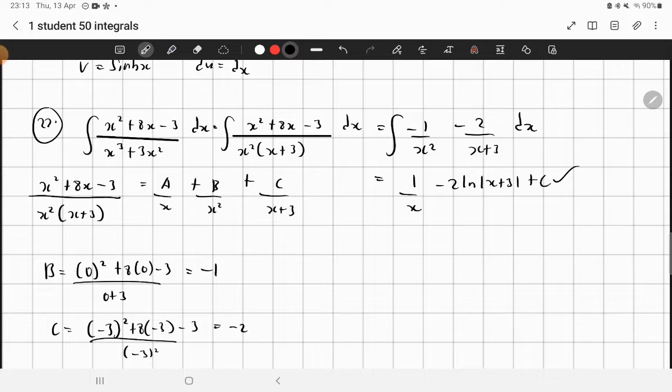I believe that the numerator we could factorize, I know we could. Sorry. So x squared plus 8x minus 3 divided by x to the power 3 plus 3x to the power of 2.